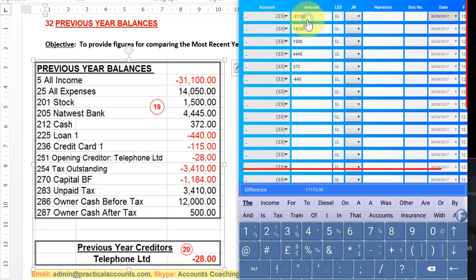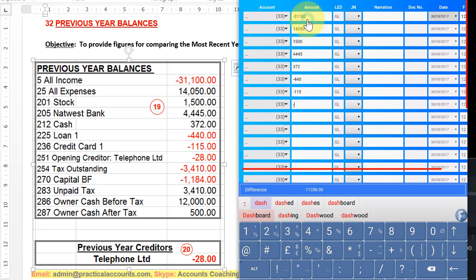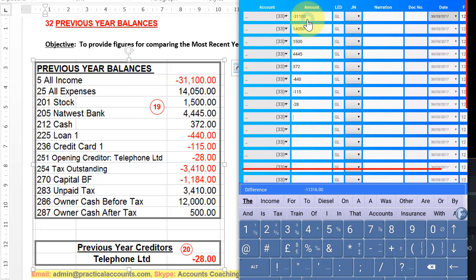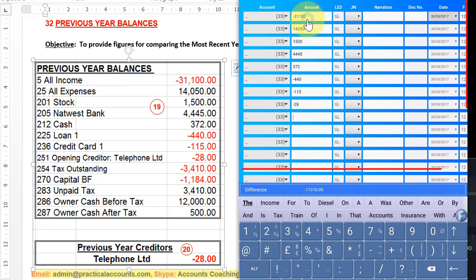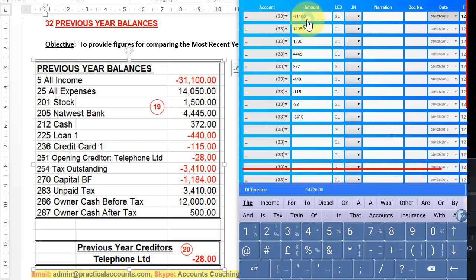Next to that is minus 115. Yeah, this is faster. Minus 28. Oh, it has gone back. Minus 28 goes back. And then minus 3,410. And then minus 1184.